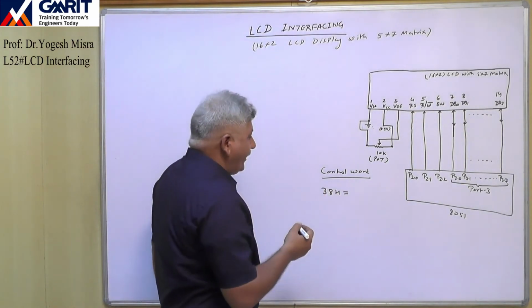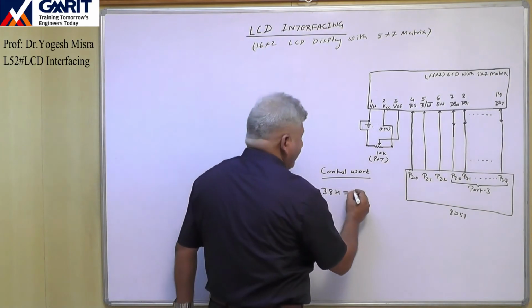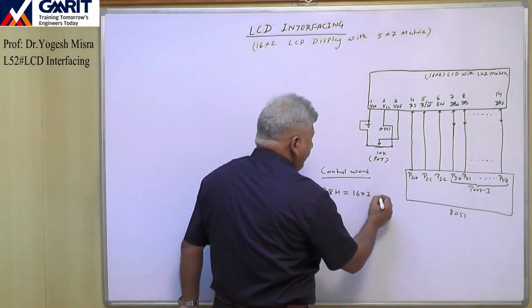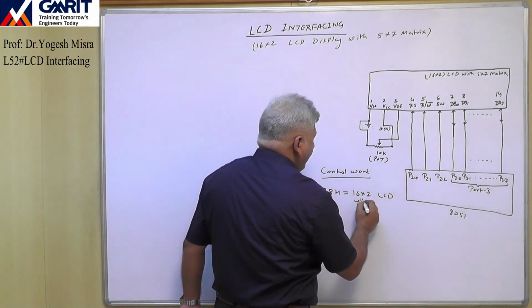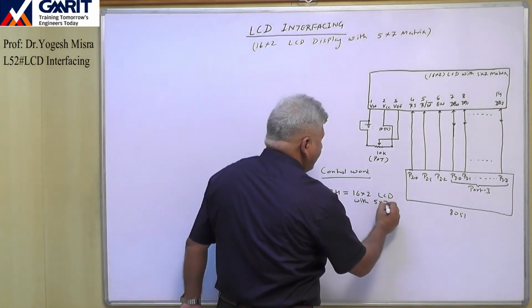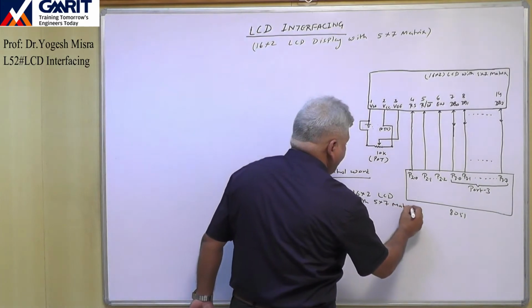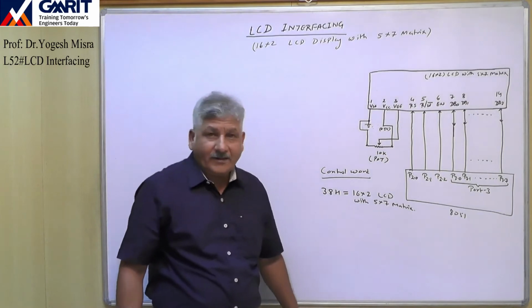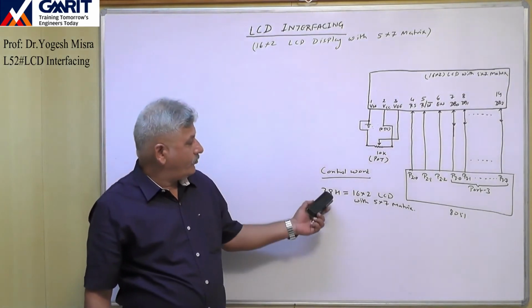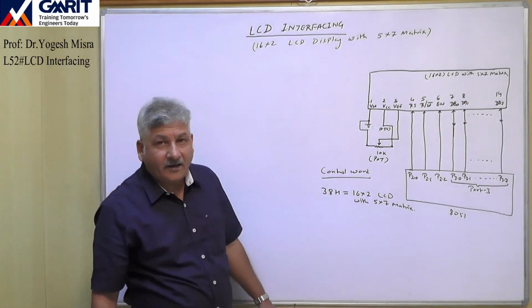This 38H will select a 16x2 LCD with a 5x7 matrix. So if we have a 16x2 LCD, then we have to use this control word 38H.